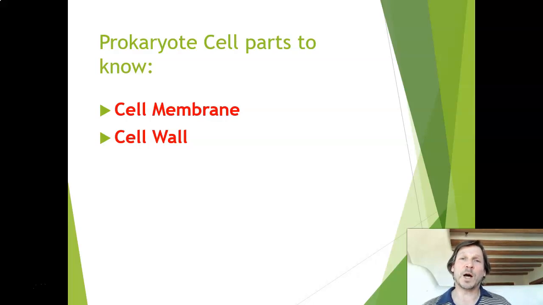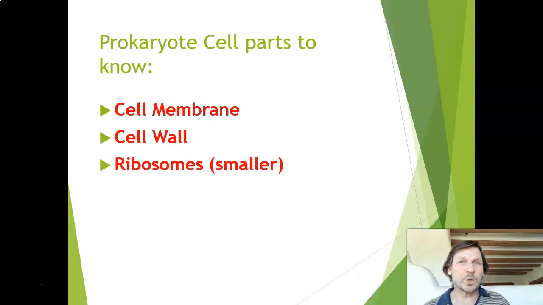We'll talk about that with osmolarity. Ribosomes, these are organelles. They're not bound in a membrane in the bacteria, so they're free in the cytoplasm. And they are the ones that are useful for making protein using the DNA clone.